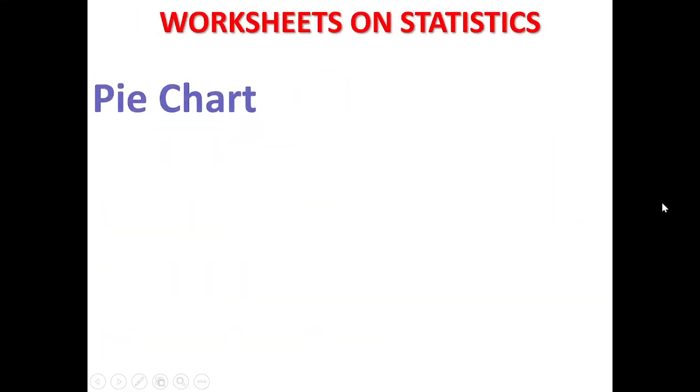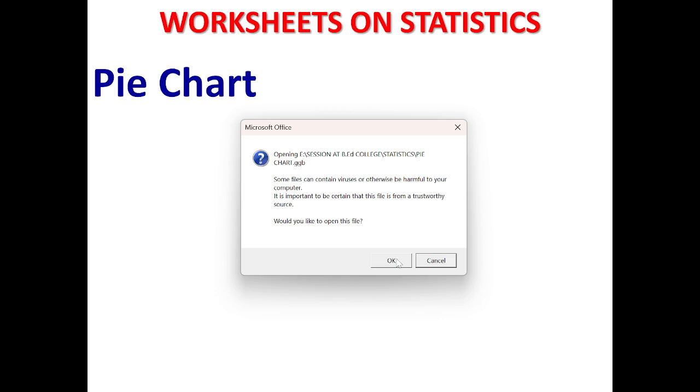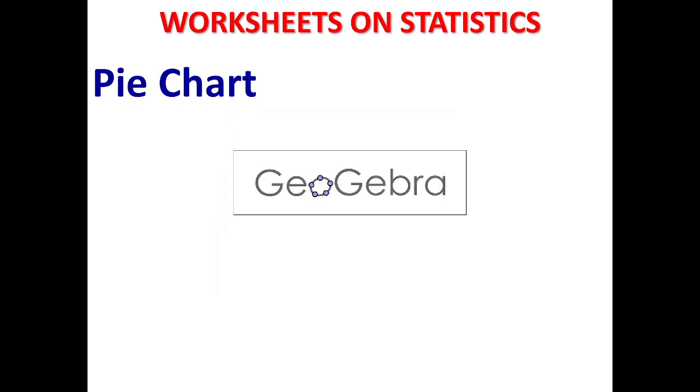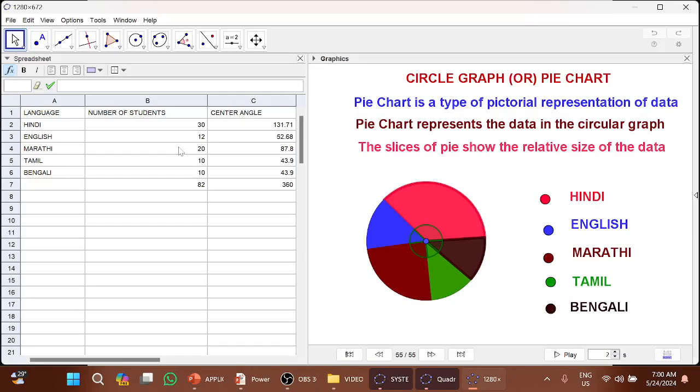Well, let us move on to worksheets on statistics. Now this pie chart is a very interesting one, where you can show the child how the angles are calculated, then how to draw it, how to show the given data in a pie chart. Here I have taken one example, the number of students, and the center angle is also shown.